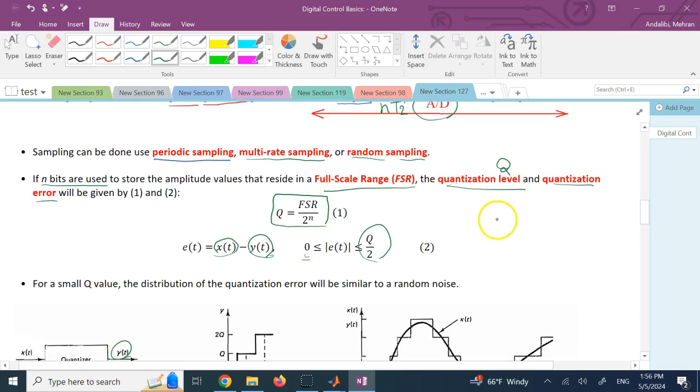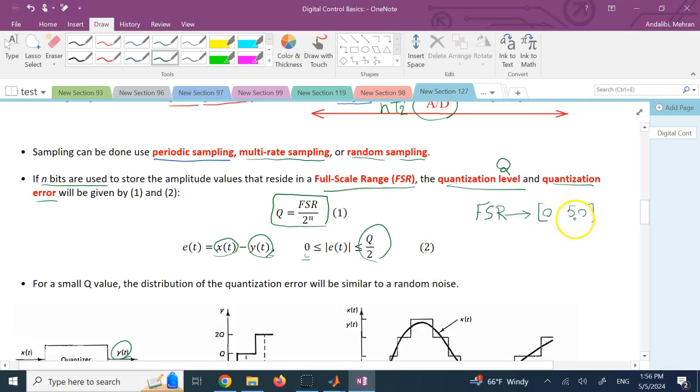So let's say that we have a signal for which the full scale range, when we measure this signal, all possible range for this signal is anywhere between, let's say, for instance, 0 to 50. So the full scale range for this signal is from 0 to 50, or if you want the single number, it's 50, okay?